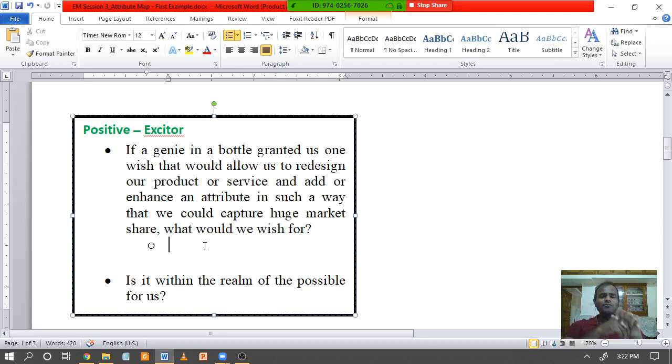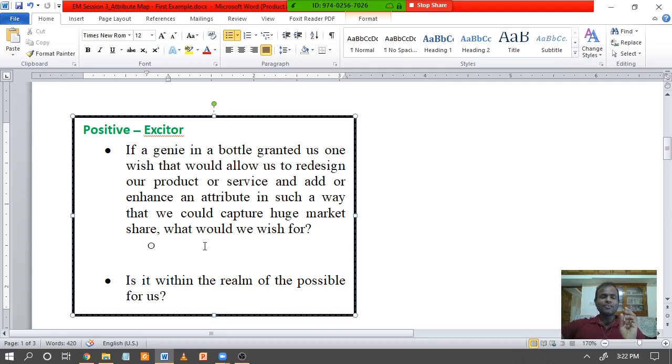Now, suppose there are 10 universities in Tamil Nadu, and all the universities are pitching their admission on scholarship. Then scholarship will not become an exciter factor for you to pitch your admission. Are you able to understand, guys?